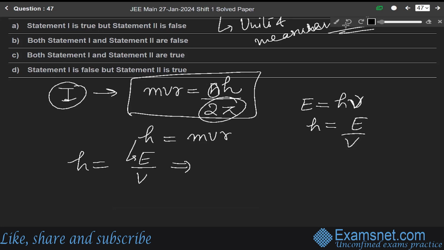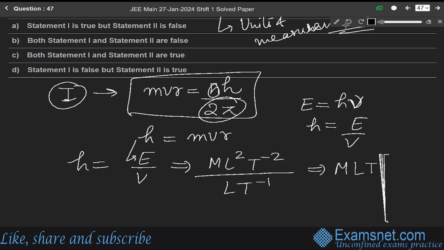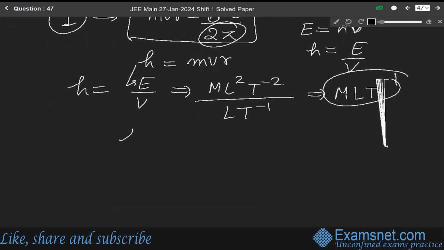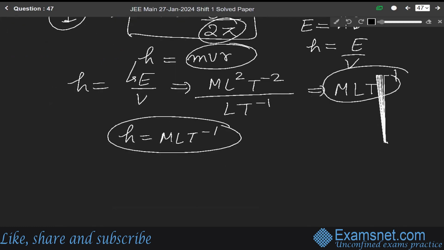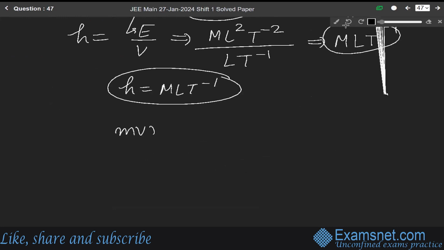Dimension of E is M L square T minus 2, and dimension of velocity is L T minus 1. So dimension of h will be M L T minus 1. Now dimension of what? mvr. Dimension of mvr is M, velocity L T minus 1, r is L.